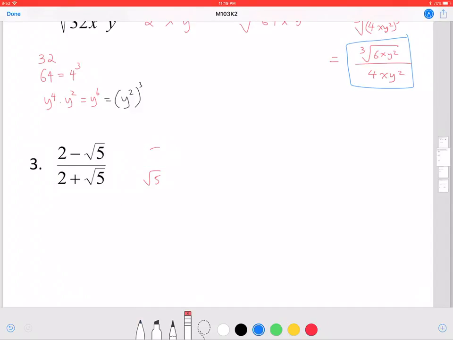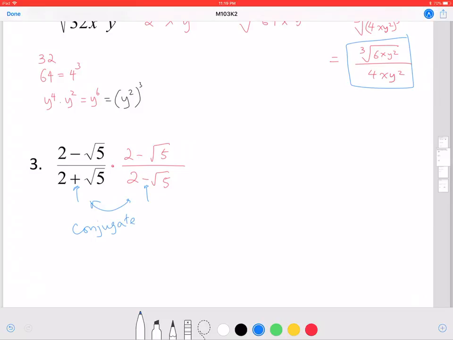So we need a totally different strategy here. The strategy is I need to multiply top and bottom by what is called the conjugate. Conjugate means nothing more than these two have opposite signs. So these two are called conjugates of each other.